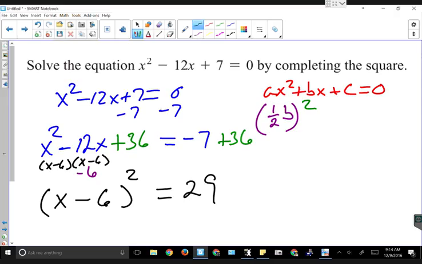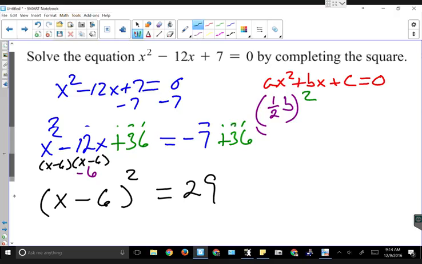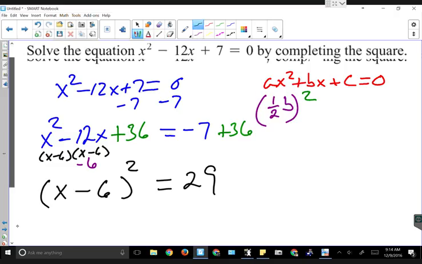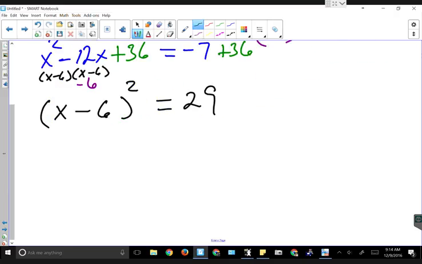36. So now we use that idea that we had for dealing with squares. What we're going to do then is square root both sides.